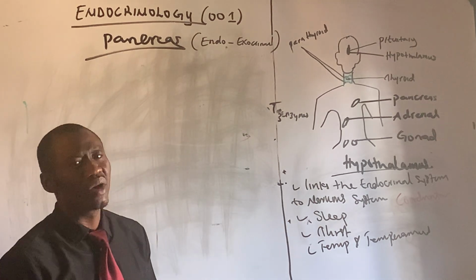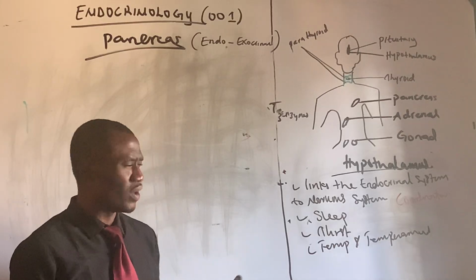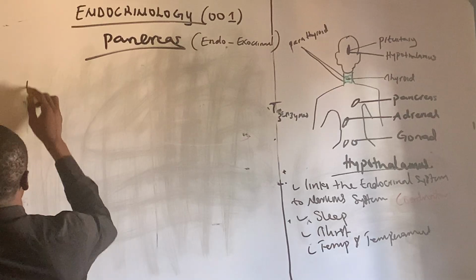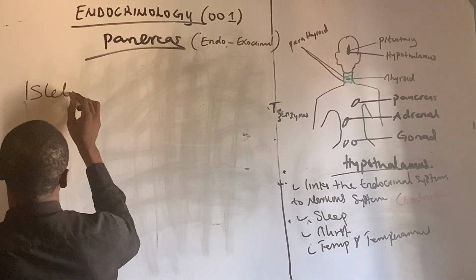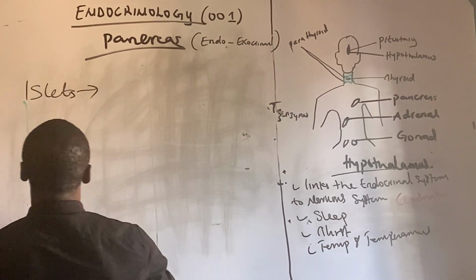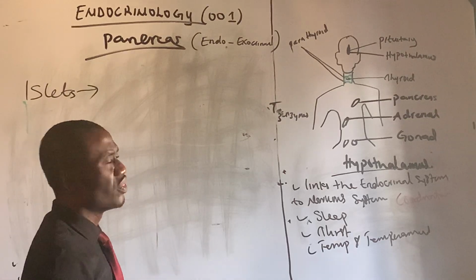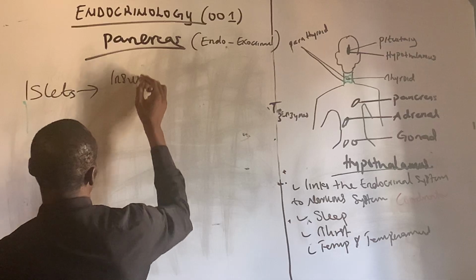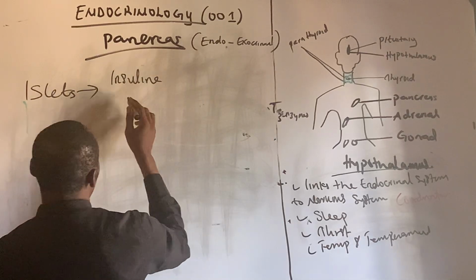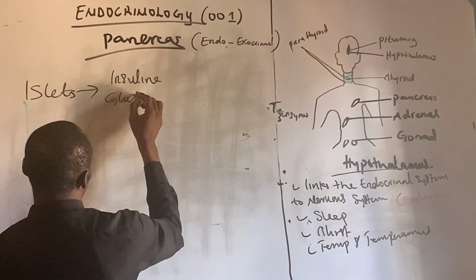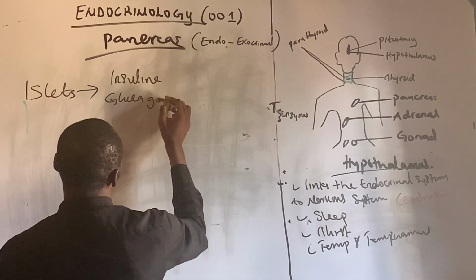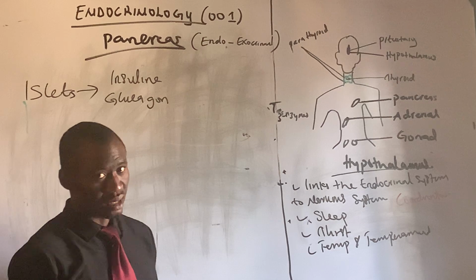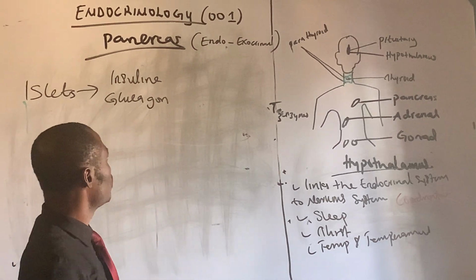There is a group called the islets. Now, these islets produce the hormone insulin, and then glucagon. If you go deeper, insulin is produced by the B cells, while glucagon is produced by the A cells.